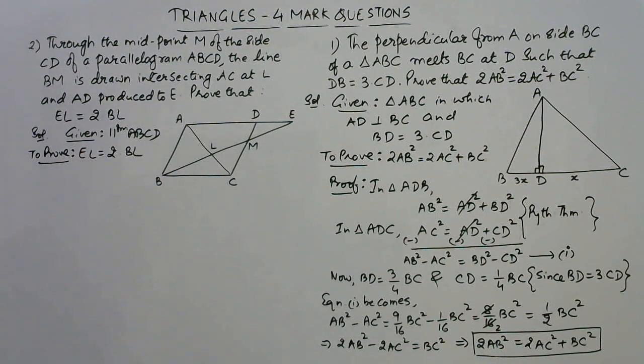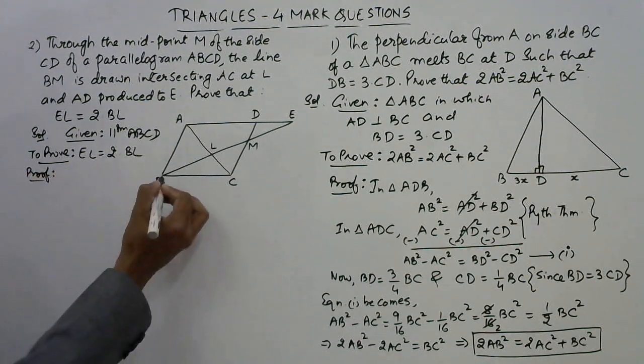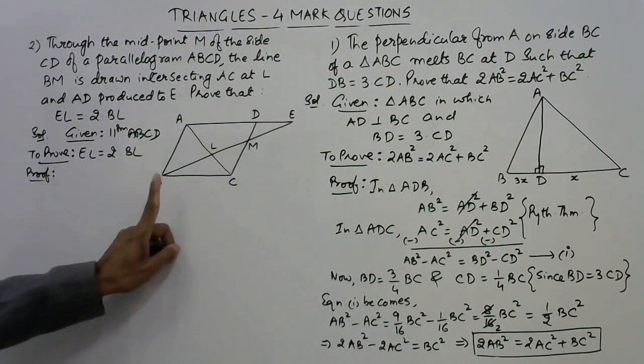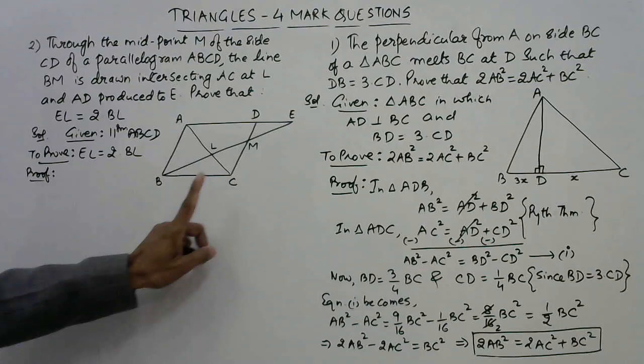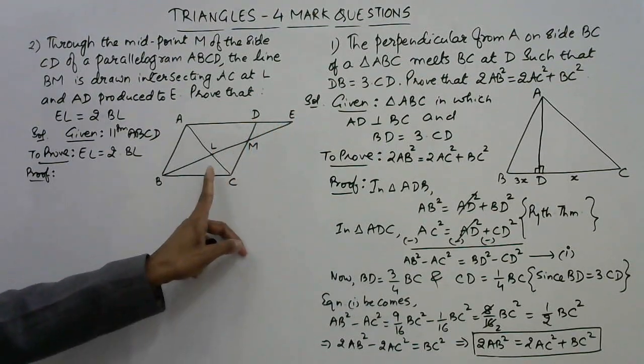Now again in this question, we don't require any construction, because this can be solved without the use of construction also. Now the first step in this question is to prove that triangle BMC, the small triangle here, and triangle EMD, this small triangle here, I will try and prove them congruent.